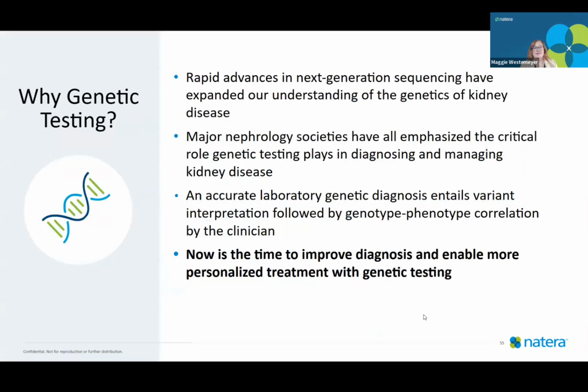And so just to summarize why genetic testing, we realize that these rapid advances in NGS sequencing have expanded our understanding of the genetics of kidney disease. It's a really cool time to be working in genetics with kidney disease. Major nephrology societies have emphasized the critical role of genetic testing in diagnosing and managing kidney disease.